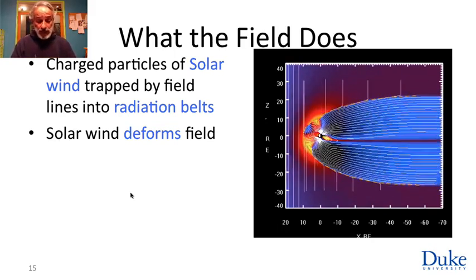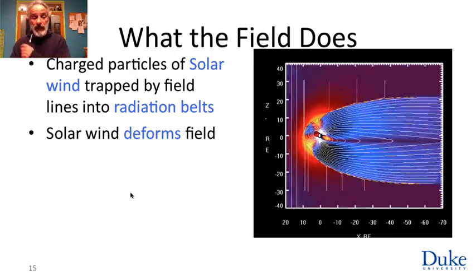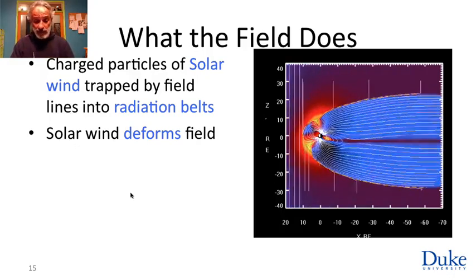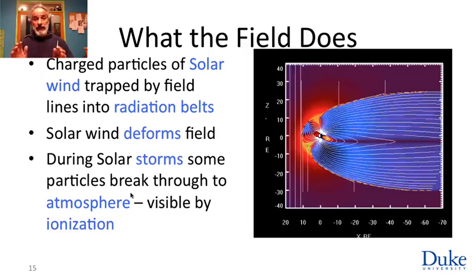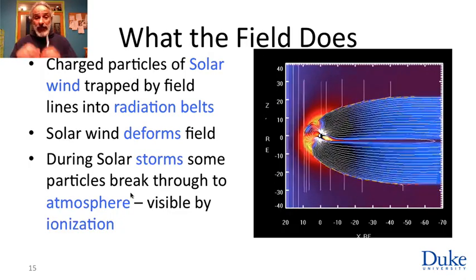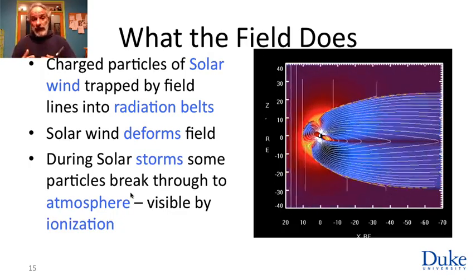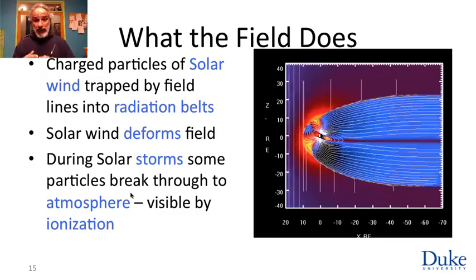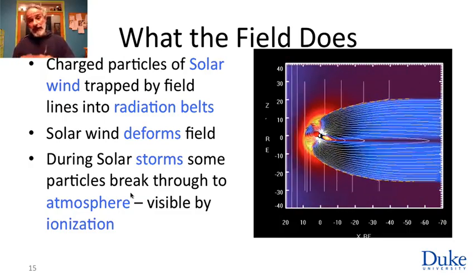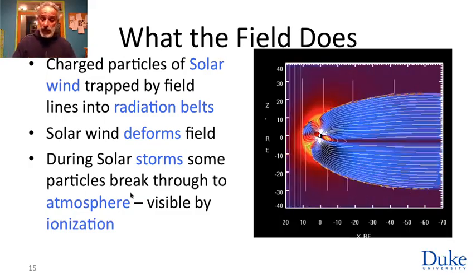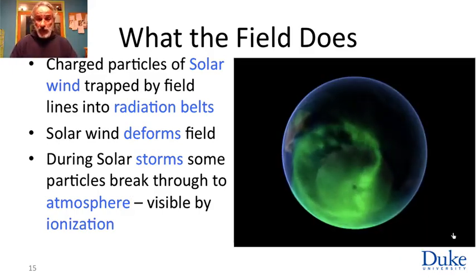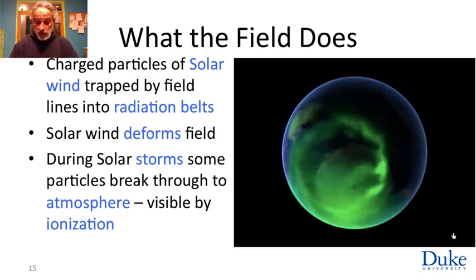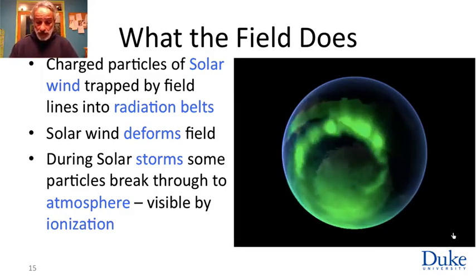When the stream of particles from the sun has enough flux, then some of them break through the atmosphere. And they break through the atmosphere where the magnetic field lines enter the atmosphere. That would be near the Earth's poles, and then they impinge upon the gases in Earth's atmosphere, and as they did in the tube, they ionize them, and this gives rise to the beautiful light show we call the aurora, in this case the aurora australis over Antarctica.